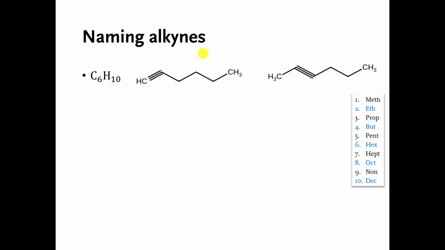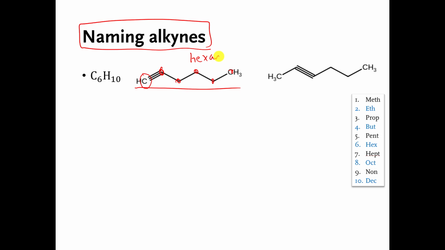Same general rules apply if you have a carbon-carbon triple bond. So here's a molecule with a carbon-carbon triple bond. 1 carbon, 2, 3, 4, 5, 6. So it's kind of like hexane because it has 6 carbons, but it has an alkyne functional group, so we're going to call it hexyne.